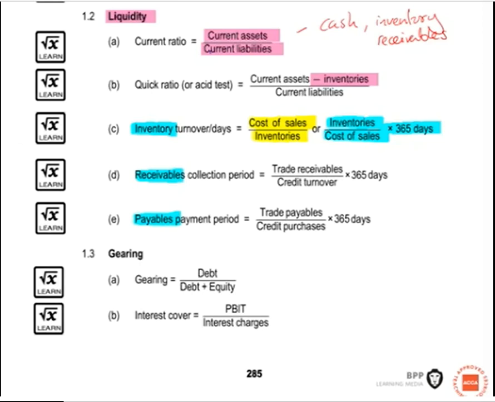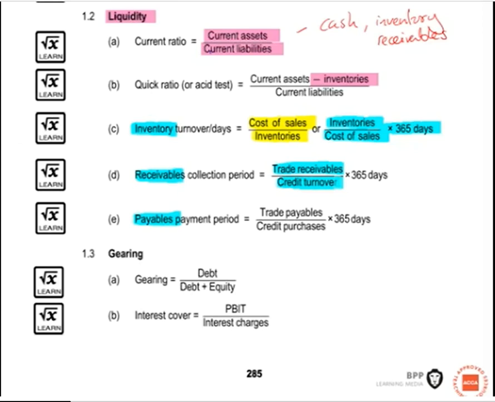Our receivables, we look at our average figure for trade receivables and divide it by the credit turnover, my sales on a credit basis. We may well be given just one figure for revenue or turnover, in which case we'll use that and assume that the vast majority of our sales were probably on credit.